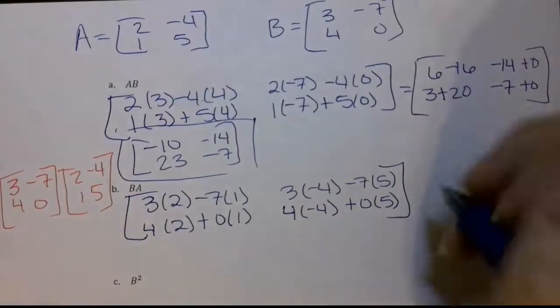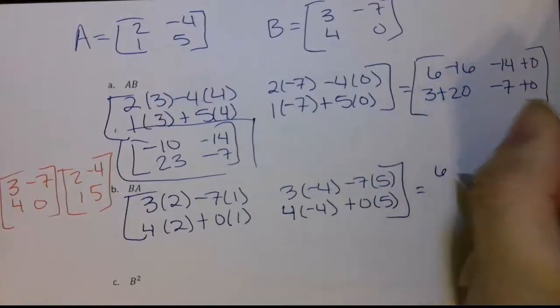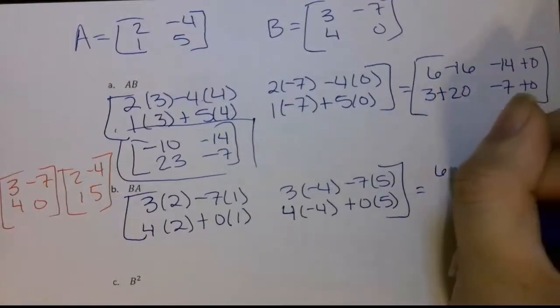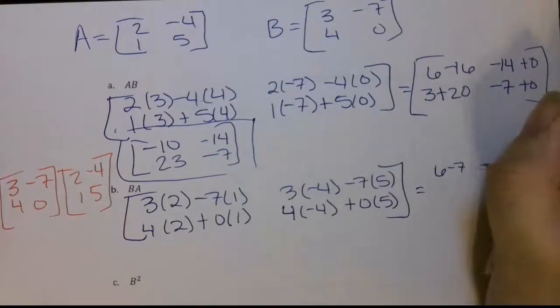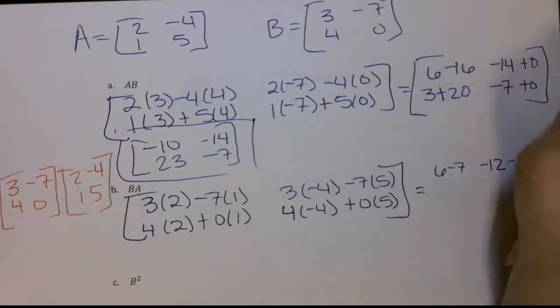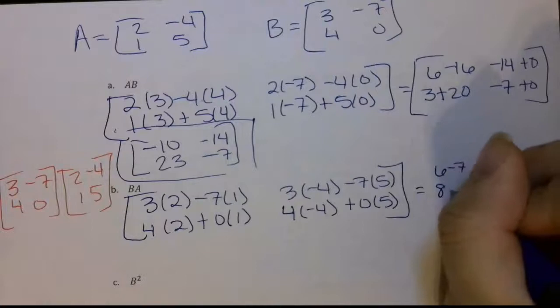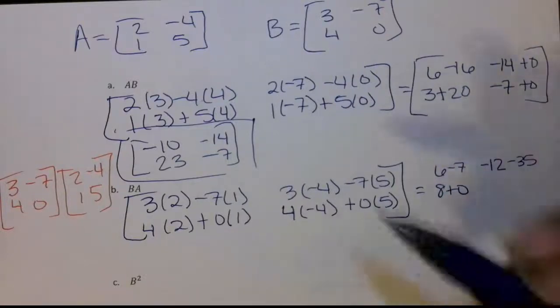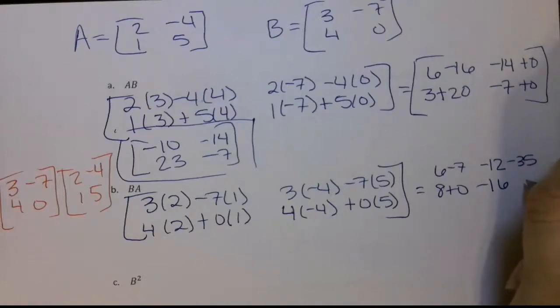Okay. Then I want to simplify my multiplication. 3 times 2 is 6. -7 times 1 is -7. 3 times -4 is -12. -7 times 5 is -35. 4 times 2 is 8. 0 times 1 is 0. -4 times 4 is -16. 0 times 5 is 0.